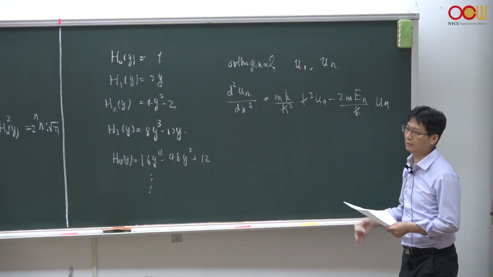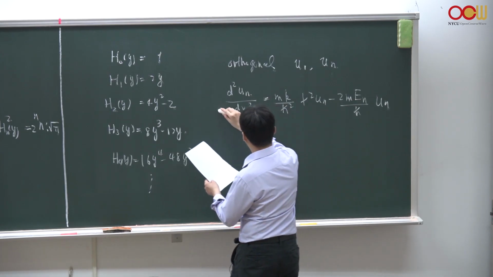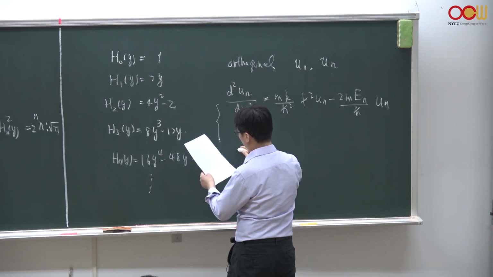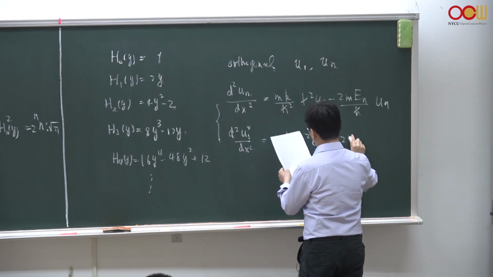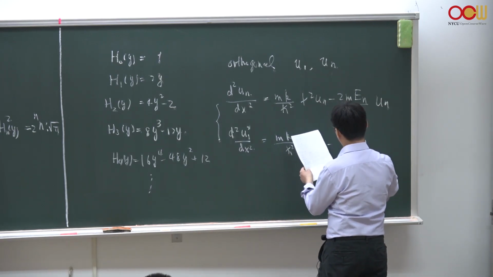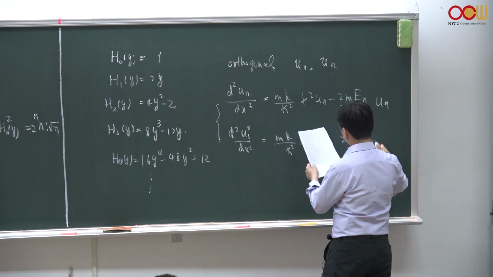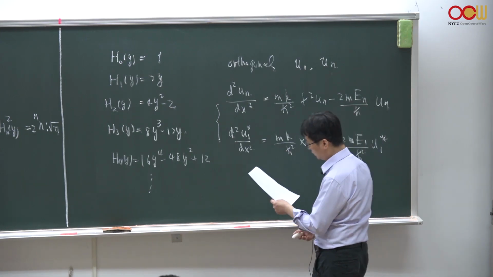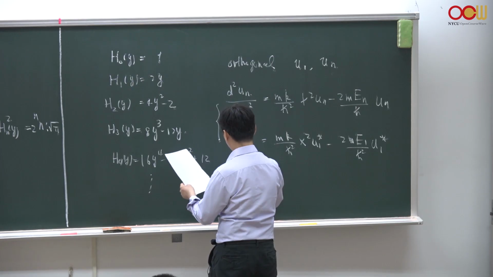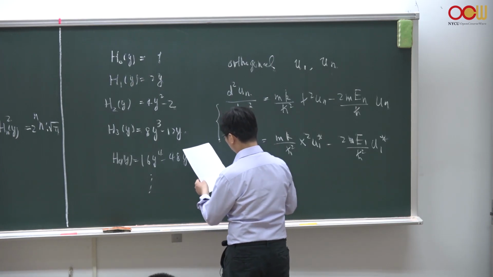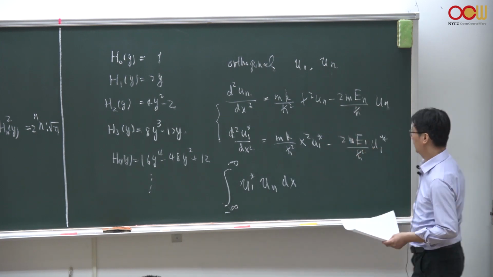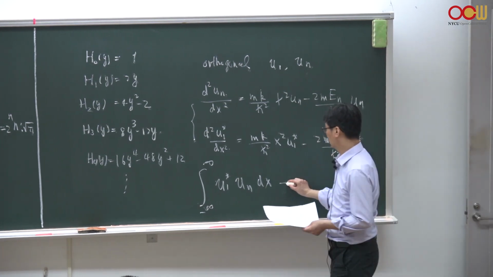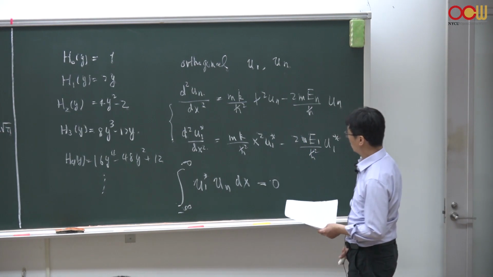Now we'd like to check whether these two eigenfunctions are really orthogonal with each other. To check the orthogonality of these two different eigenstates of the Hamiltonian, we need to show that the overlap between u1 star and the un eigenfunction is 0.